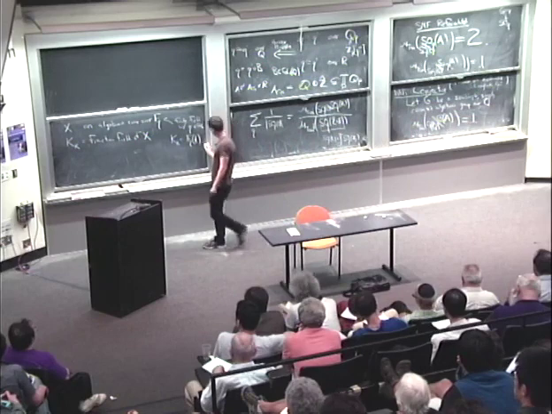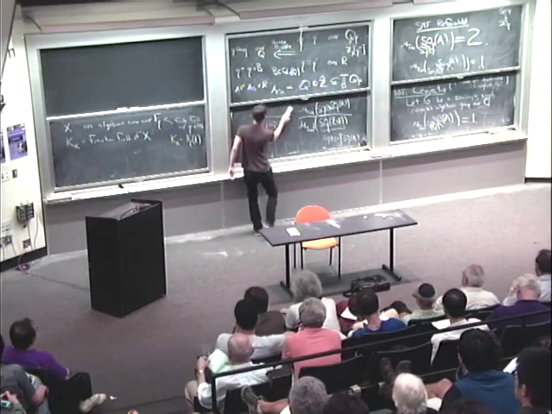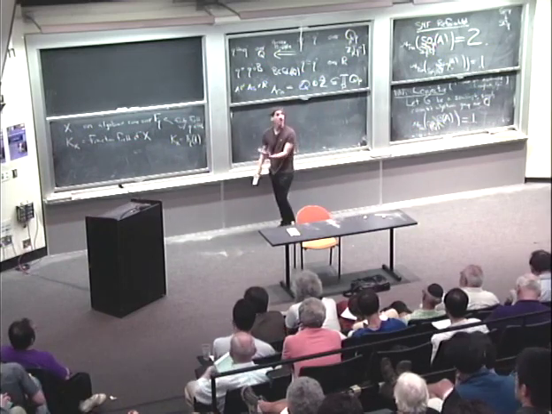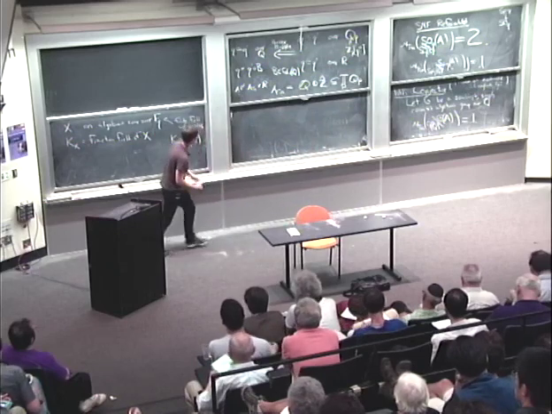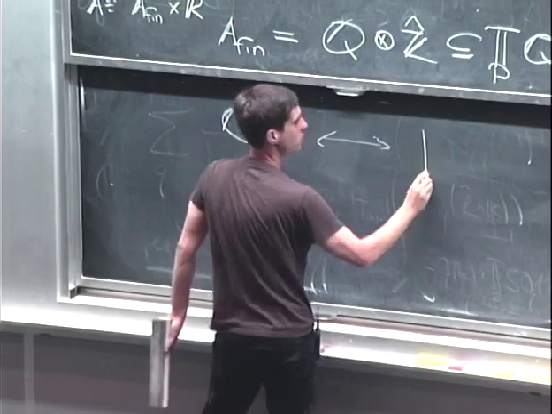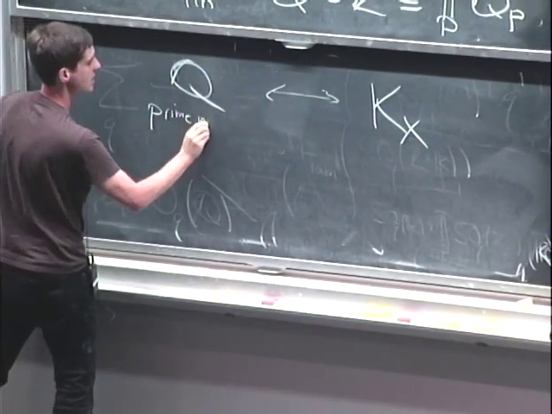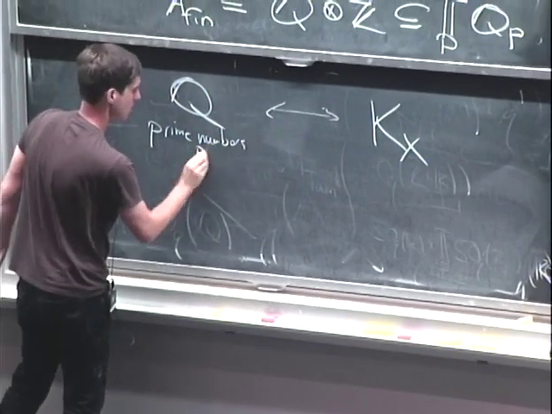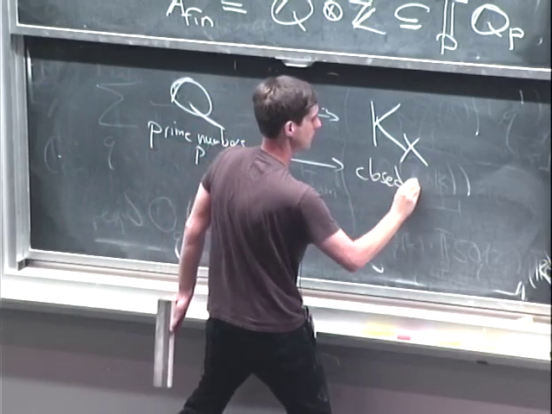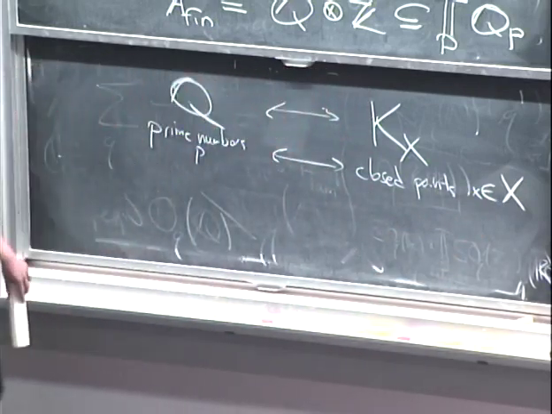Okay, so maybe I should just recall for you the dictionary by which you should think of this as analogous to the kind of questions that we were just discussing. So the field Q is analogous to this fraction field K_X. And prime numbers p are analogous to closed points little x inside this algebraic curve.